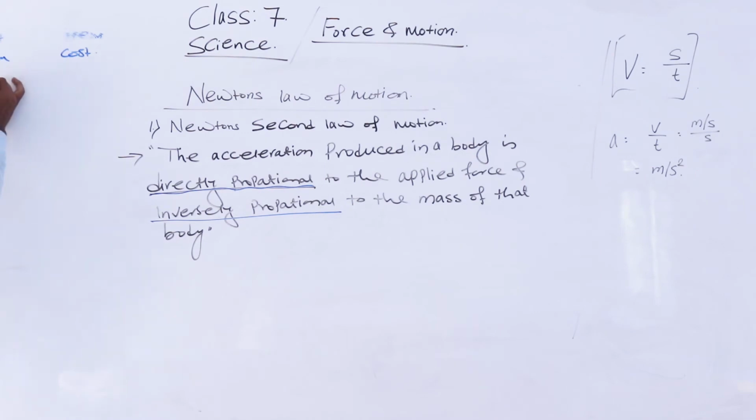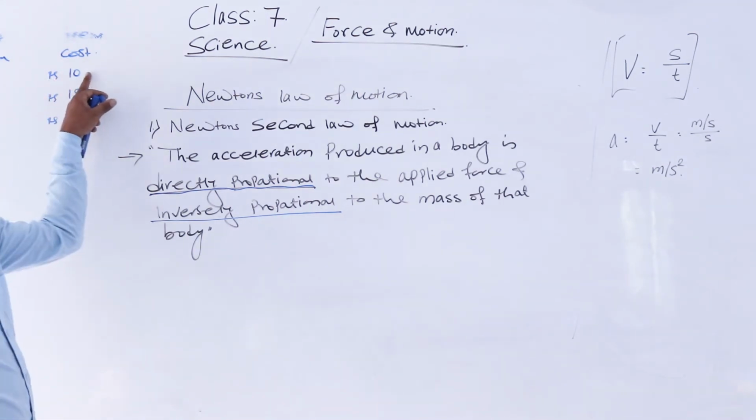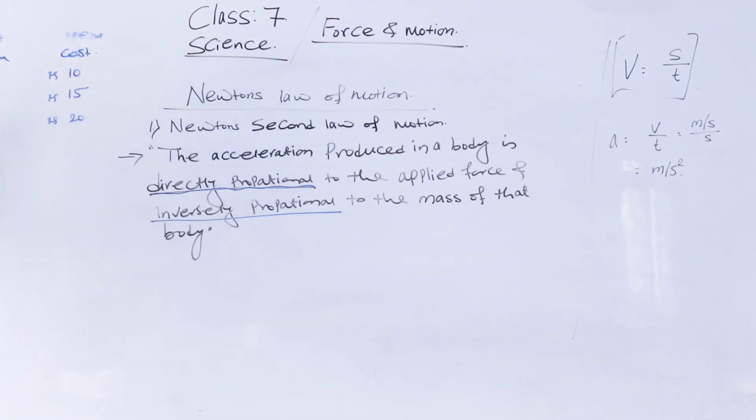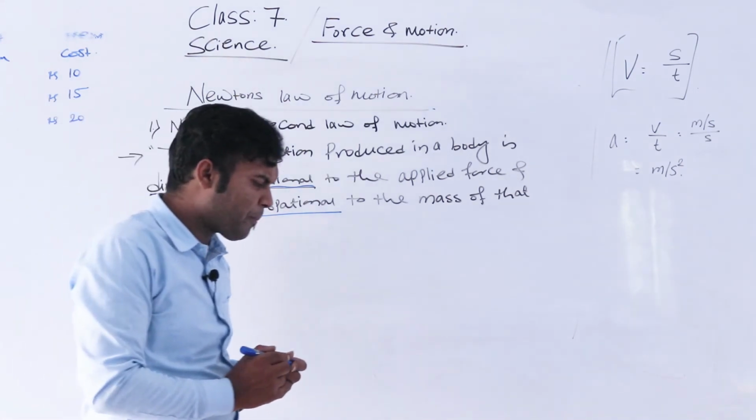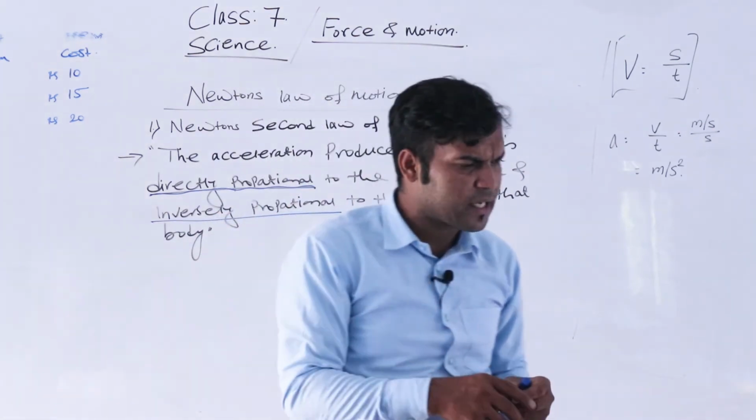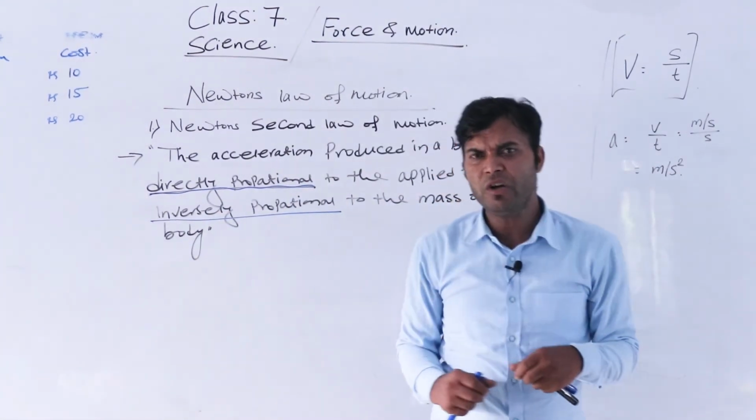For two items, the price is Rs 10. Three items, price Rs 15. Four items, price Rs 20. It means that when one item increases, the cost also increases.